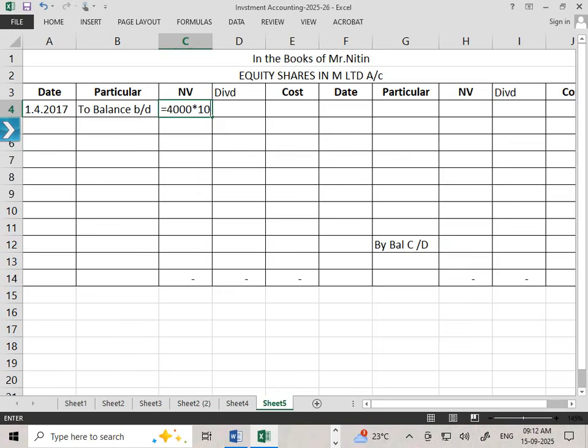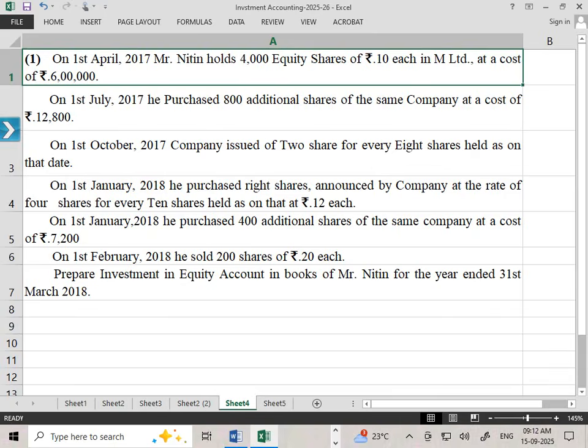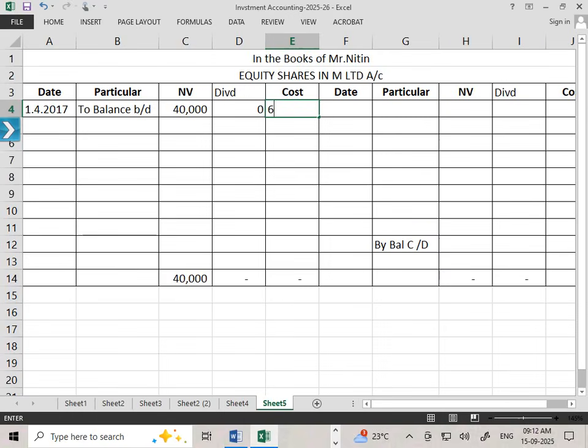Normally it is 10; it may be 5 rupees, sometimes 1 rupee, maybe 50 or 100 rupees, but normally the nominal value of most equity shares is 10 rupees. So here 40,000. Dividend, we never carry forward for the next. The cost is given, 6 lakh, so I will write here 6 lakh. I hope all of you have followed how to write the opening balance.